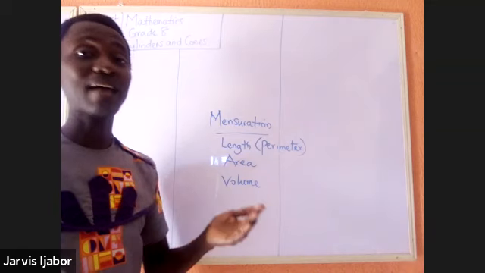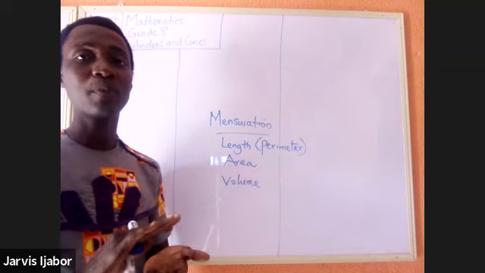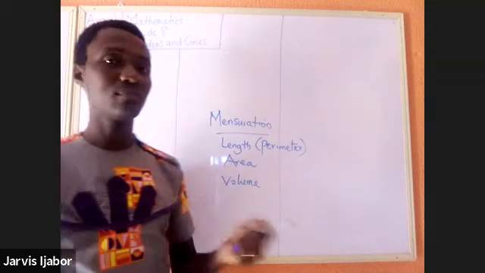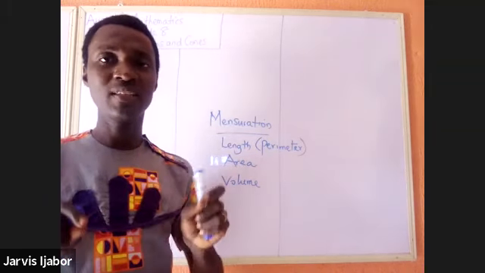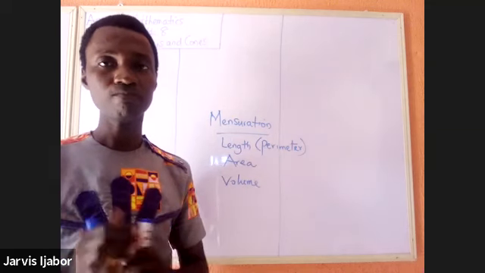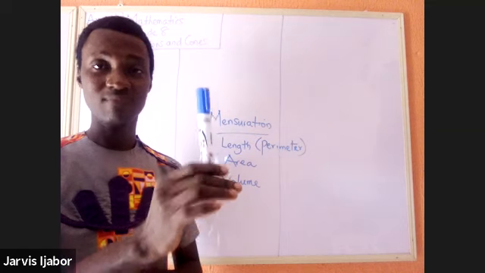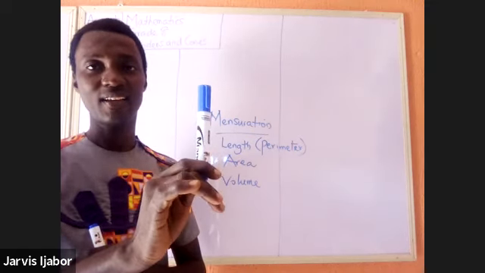How many types of shapes do we have? Two. A shape is said to either be plane or what? Solid. For instance, by description, a sheet of paper is a plane shape. And this thing I'm holding here, which is a marker, is by description a cylinder. You get it?